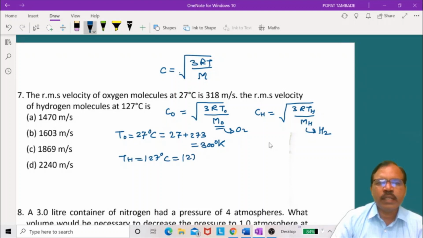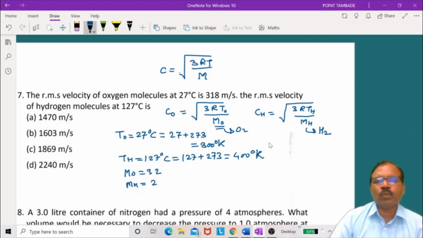So 127 plus 273 is equal to 400 Kelvin. And molecular weight of oxygen is 32, and molecular weight of hydrogen gas is 2.